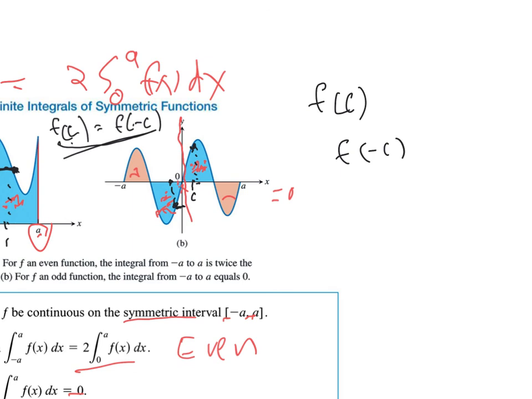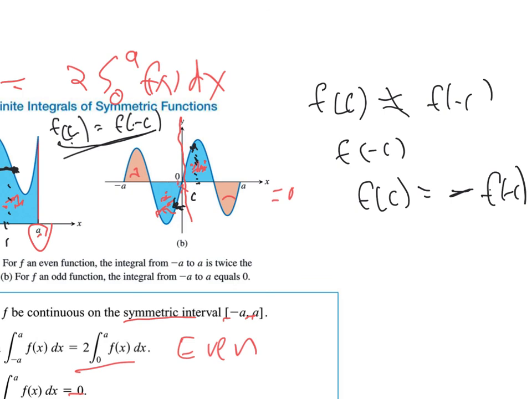So what happens is they're not the same. It's not equal to f of negative c. As a matter of fact, f of c is equal to the opposite of f of negative c, because it was positive and now it's negative. That's also something about an odd function.